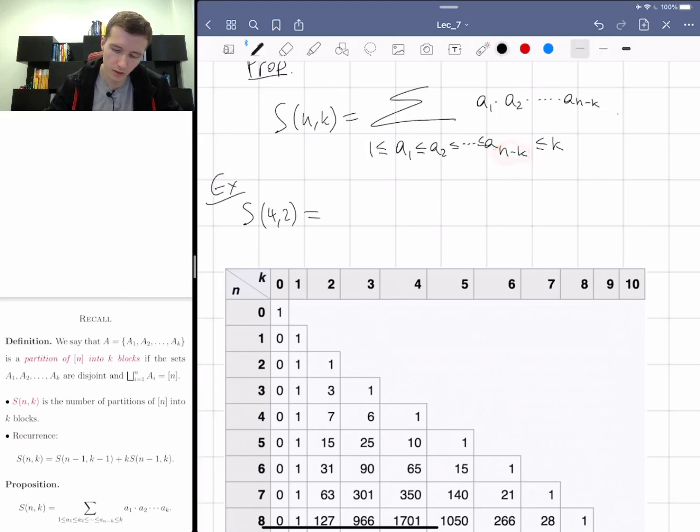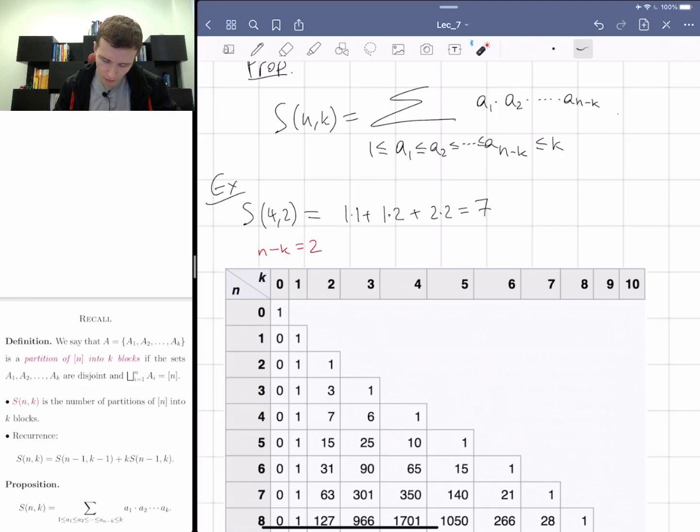Here n is 4, k is 2, so n minus k is 2. I'm taking all sequences of length 2 of numbers between 1 and k, so 1 and 2. I can do 1 times 1 plus 1 times 2 plus 2 times 2, and that's 7. Which is nice, that's the same 7 as in the table.